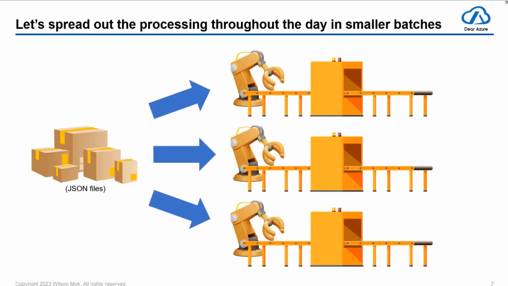So to optimize this process, there's really two primary things we can do. The first thing is we can spread out the processing throughout the day. So instead of processing everything by midnight, we want to start processing the data in small increments throughout the day.